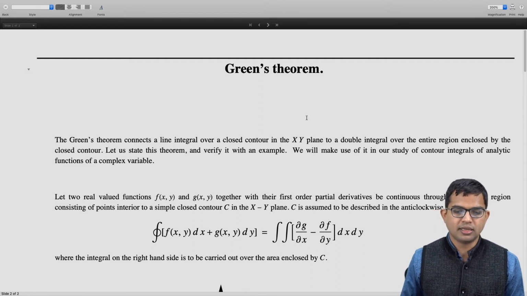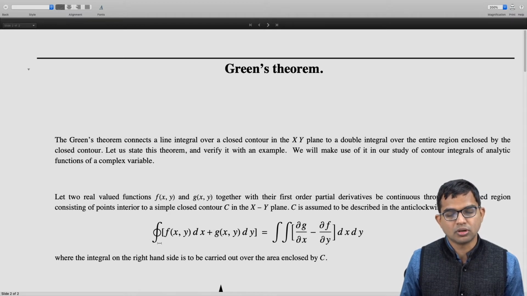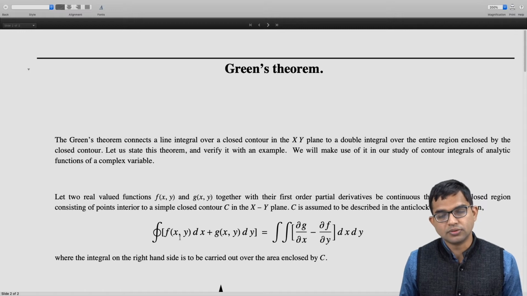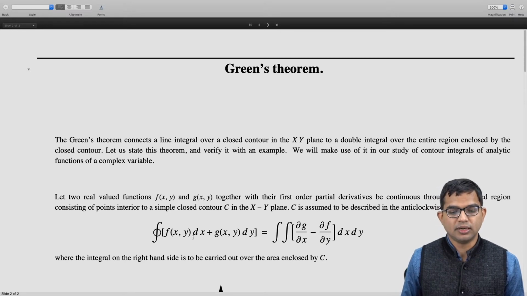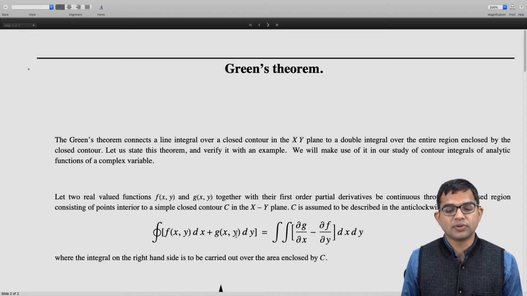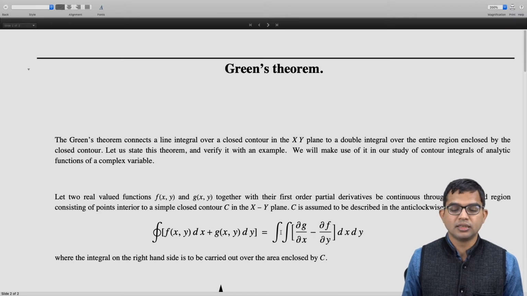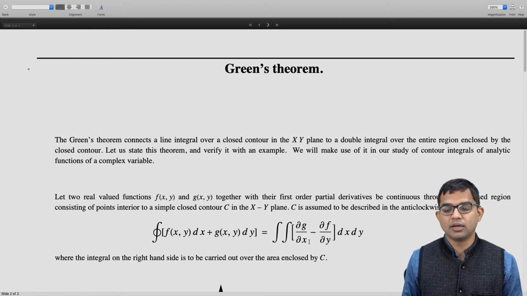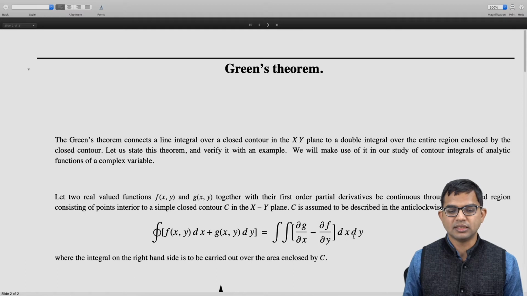Then the Green's theorem says that this line integral, which is along a closed path, of f of x comma y dx plus g of x comma y dy is given by this double integral of dou g by dou x minus dou f by dou y, dx dy, where this double integral is taken over the entire area which is enclosed by C. So one can think of this as a 2D version of the Stokes theorem, right?